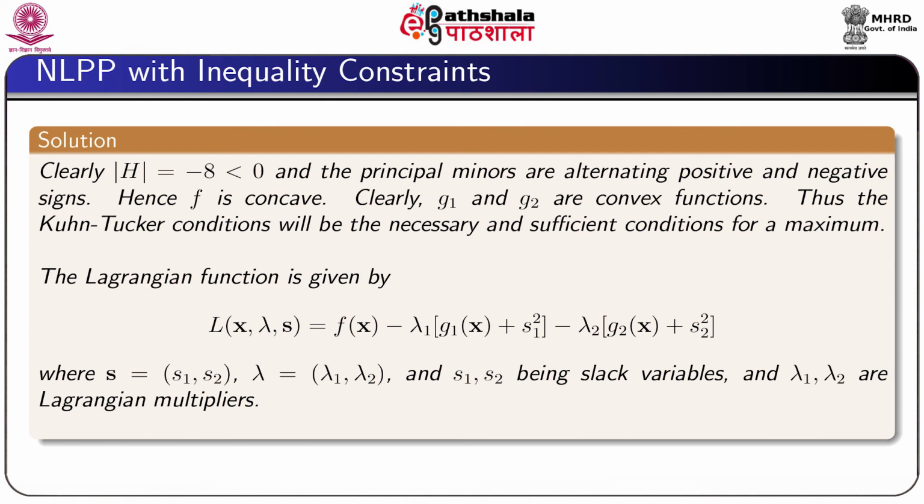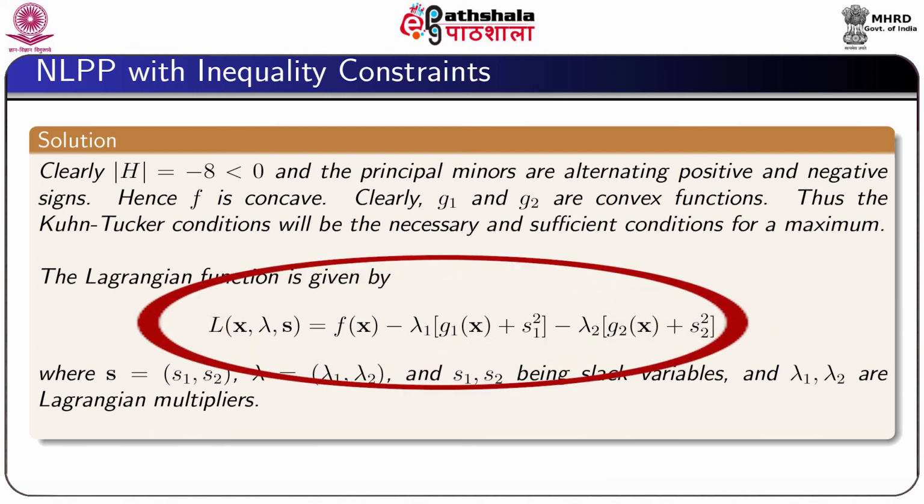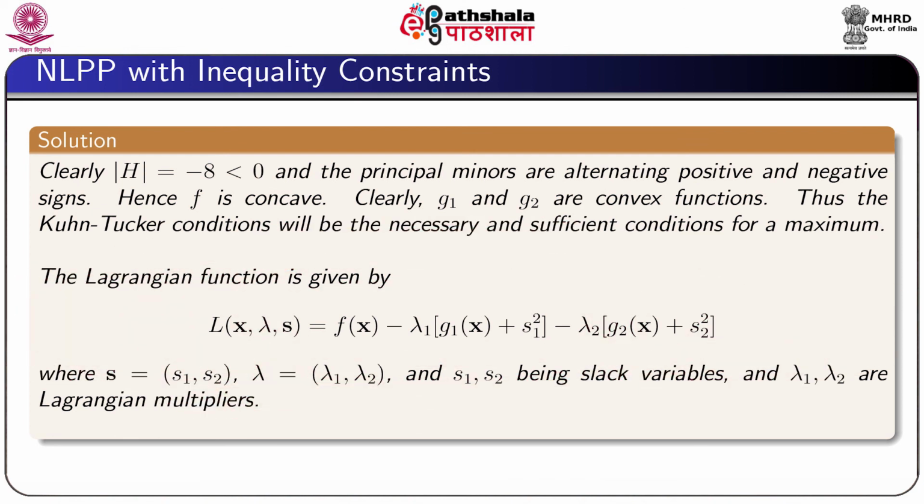We have the Lagrangian function L equal to f(x) minus lambda1 into (g1(x) plus s1 square) minus lambda2 into (g2(x) plus s2 square), where S is the set of the two quantities s1 and s2, and lambda is the set of lambda1 and lambda2. s1, s2 are slack variables, and lambda1, lambda2 are Lagrangian multipliers.